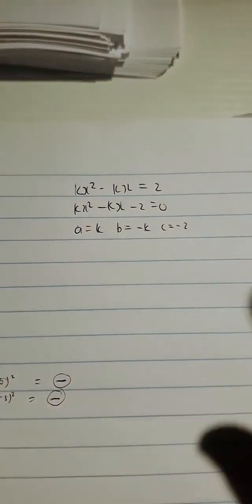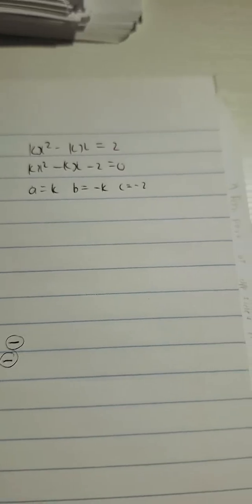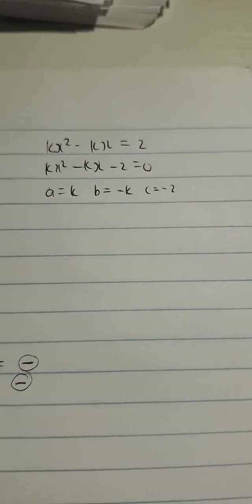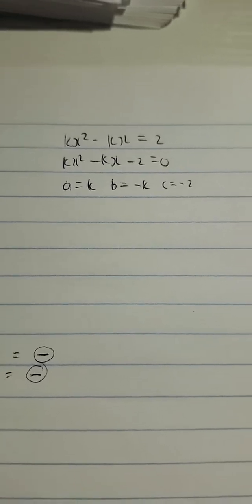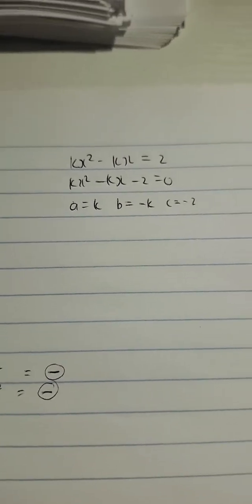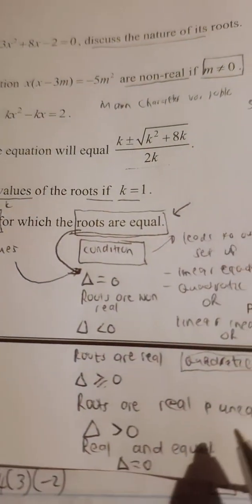It seems like we are moving in a similar trend with the nature of roots questions and the show that or prove that the nature of roots question. So this one as well, because it's saying determine the values of k for which the roots are equal. Once we get here, guys, step number 3 has to do with the condition.